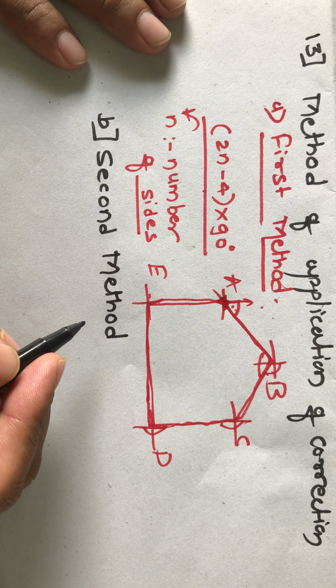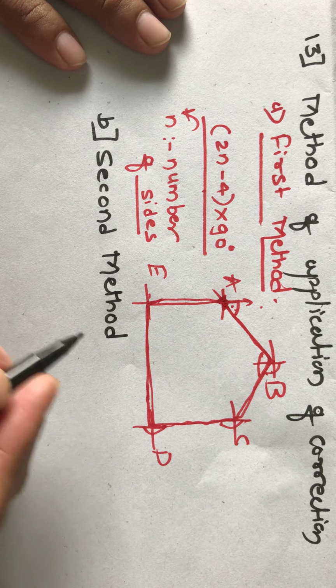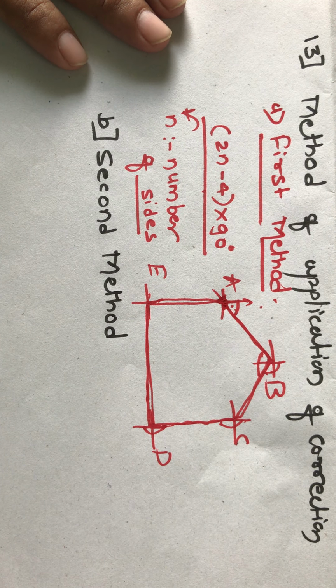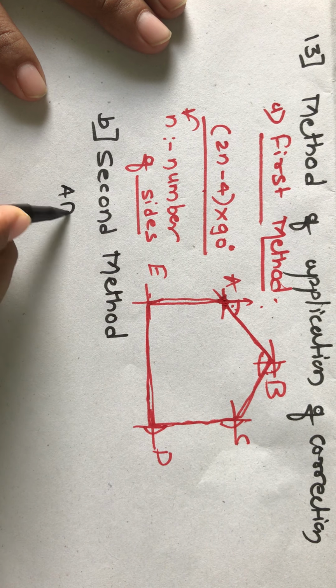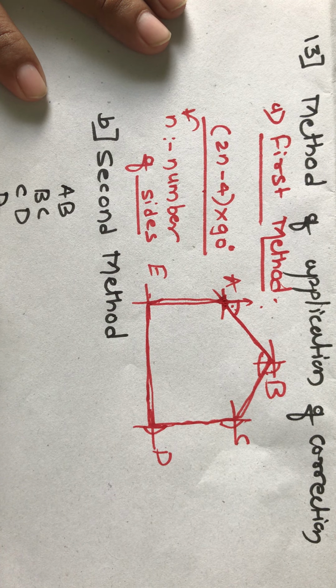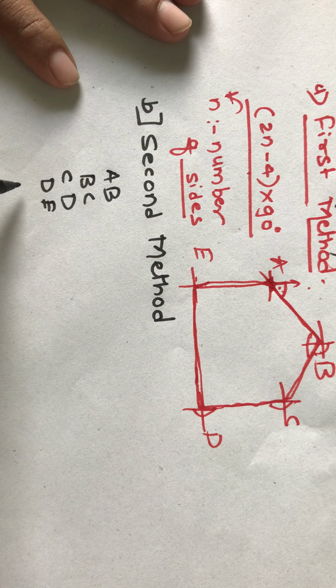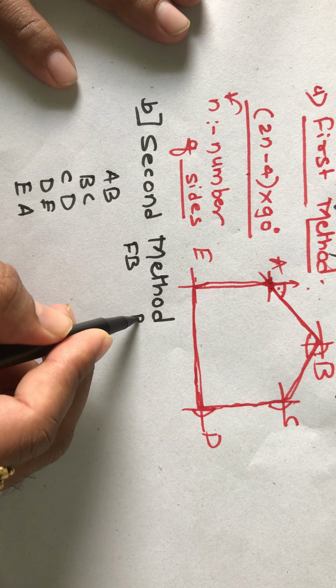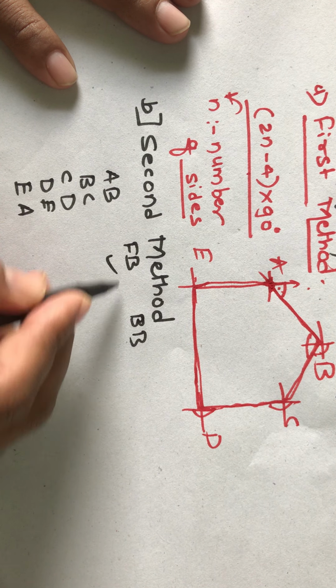In this method the interior angles are not calculated. Here we are not calculating the interior angles from the given table. Suppose we take lines AB, BC, CD, DE and EA. We know the fore bearing and back bearing of these lines.